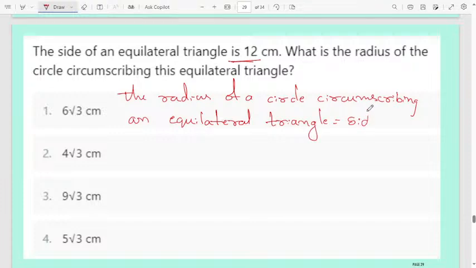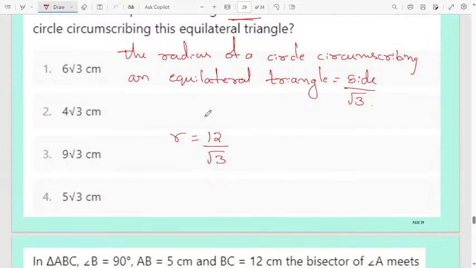Side by root 3. Here you have to find the radius and the side is given, so direct substitution: the side divided by root 3, side is 12 divided by root 3.